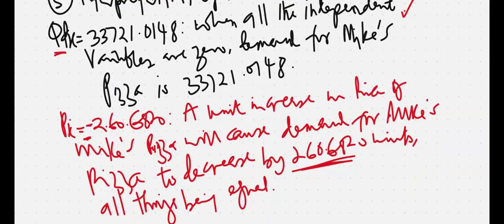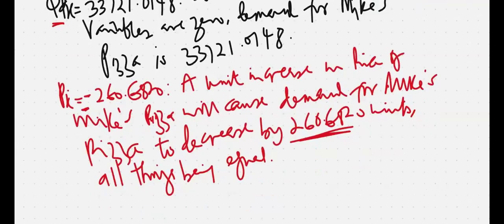But let's write it this way, so I will introduce the negative: negative 260.6820. It says a unit increase in the price of Mike's Pizza will cause demand for Mike's Pizza to decrease by the coefficient. Decreasing because the coefficient is negative. There are several ways I can write this portion.